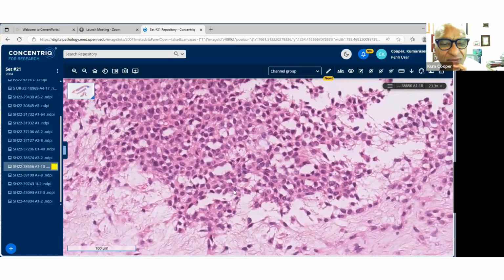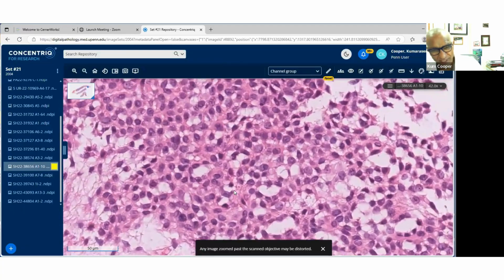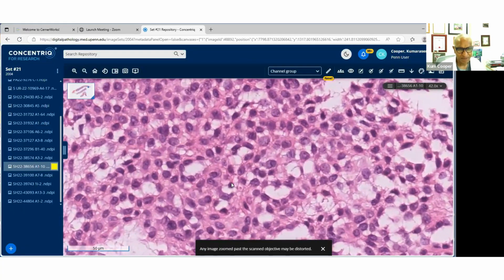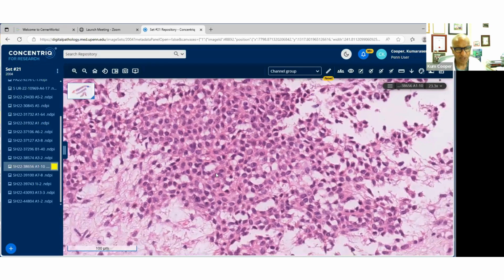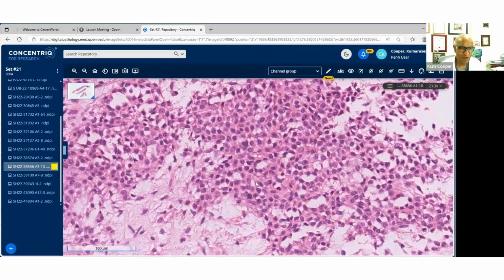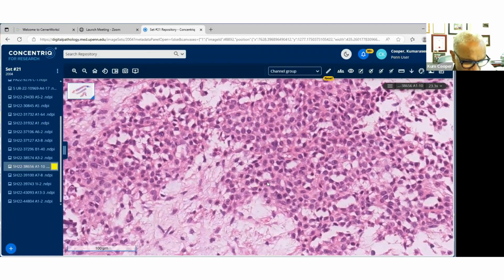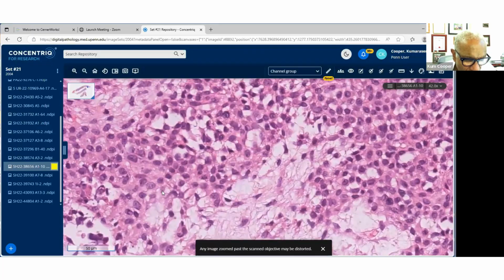And then here, just to give you a higher power of the cytomorphology of these cells. Again, like I said earlier, I try not to give you specific details about the cellular detail pointing to a diagnosis in particular, but I allow you to think about that and share your thoughts with us.